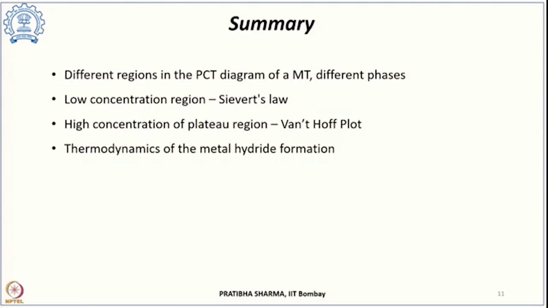In the low concentration region it follows Sievert's law, while in the high concentration or plateau region it follows the van 't Hoff equation. We have also seen the thermodynamics of the metal hydride, which sites in the crystal structure are occupied on hydrogenation, and what the change in the electronic structure is.